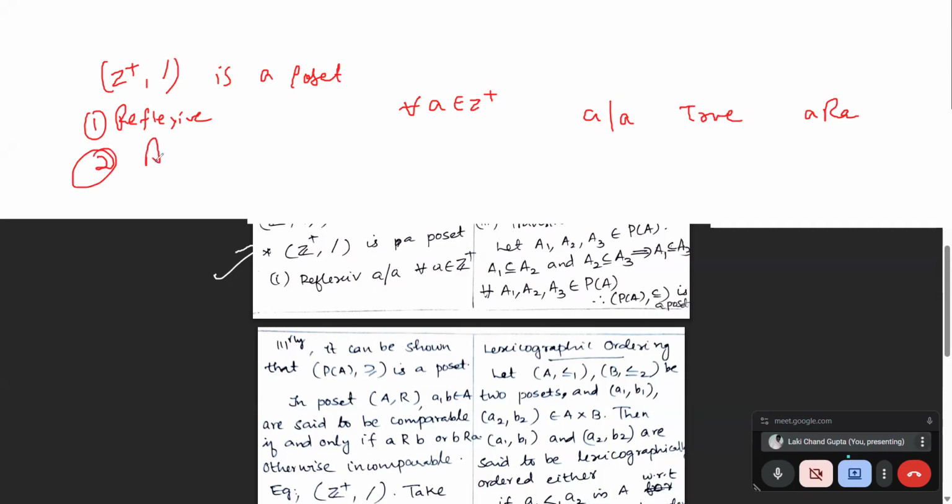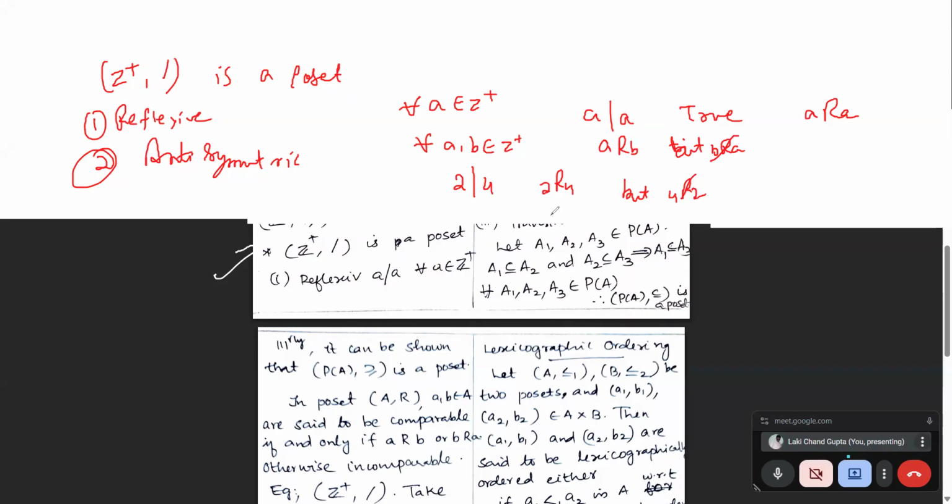For antisymmetric, A is related with B, but B cannot be related with A. If 2 divides 4, it means 2 is related with 4, but 4 does not divide 2, right?